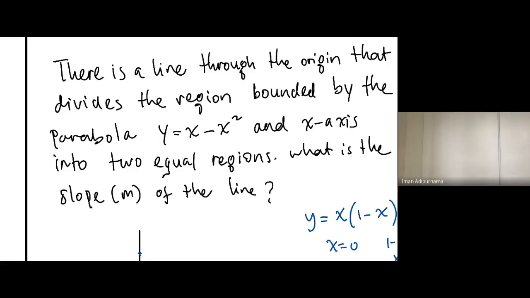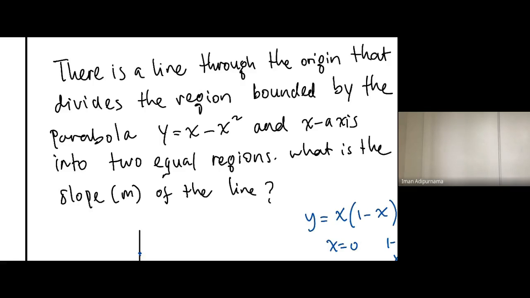So from 0 here, and x minus x squared is, let me draw 1 here, because if I make 1 here, it's too small, right? So maybe around like that. And then the first sentence says there's a line through the origin.